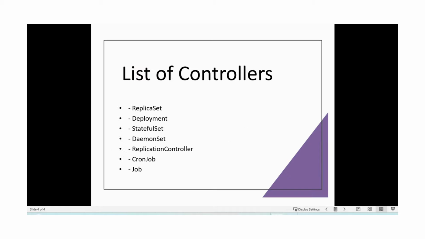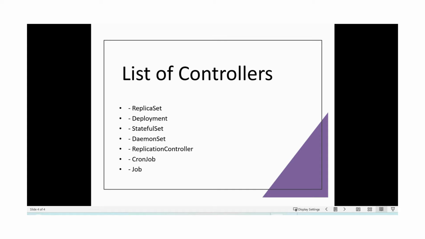And how many controllers do we have? We have different controllers which are applicable in different scenarios. The list is: ReplicaSet, which we just saw, Deployment, StatefulSet, DaemonSet, ReplicationController, CronJob, and Job. These are the pod controllers we have. I will finish this video now, as my main goal was to make your understanding of controllers clear first.